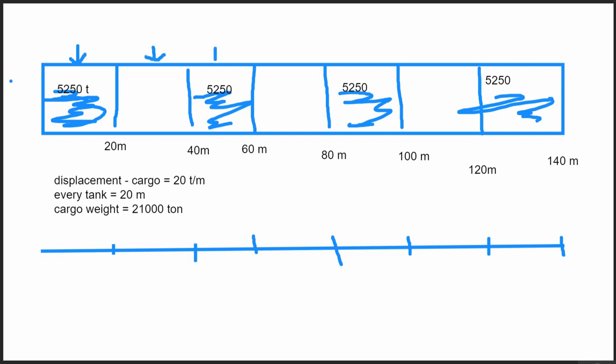Light ship is considered as uniformly distributed, equally divided over the entire length of your vessel. 400, very good. It's 20 tons per meter. Every tank has indeed 20. So we have here 400.